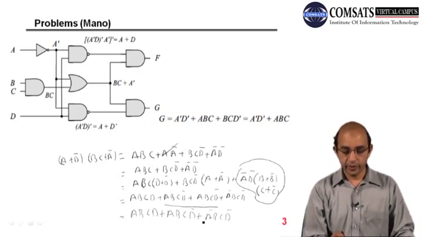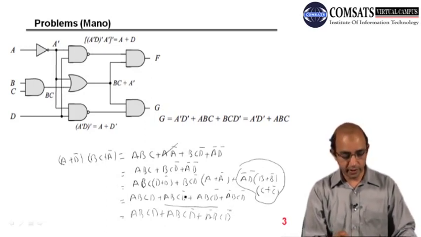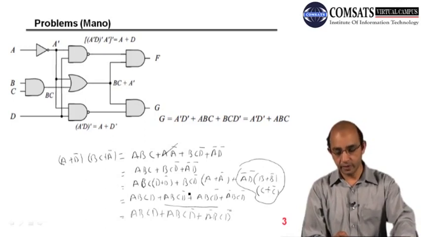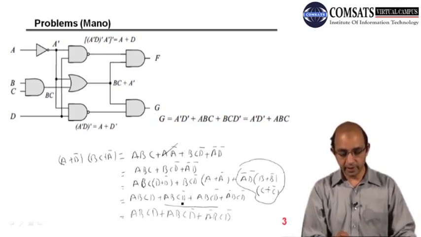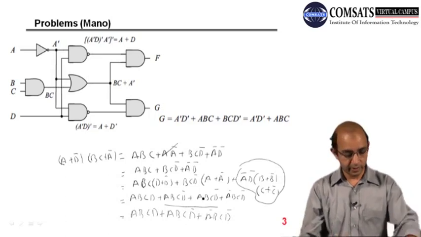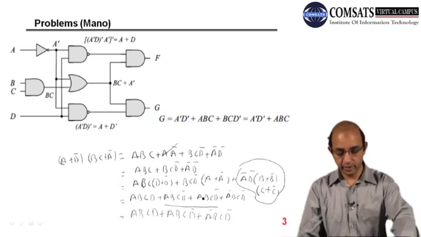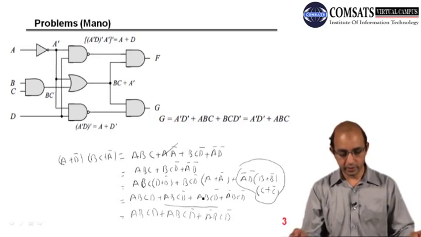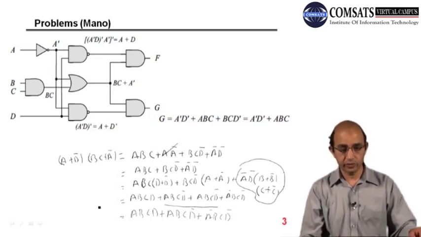If I have to solve this and plot this, you will see that a lot of terms will be cancelled out or eliminated in this way. Like we have the same terms, we can use Boolean algebra in order to have minimization.